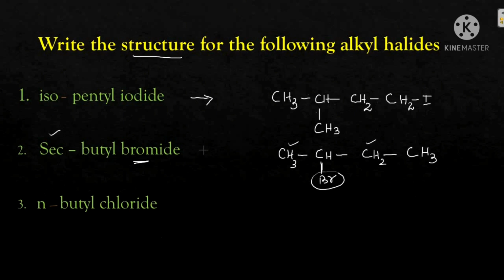Next one is the easiest question. N-butyl chloride. N, where we make use of this N for a straight chain. Butyl means methane, ethane, propane, butane. So 4 carbon atoms, is it not? So 1, 2, 3, 4. We will write the skeleton first.